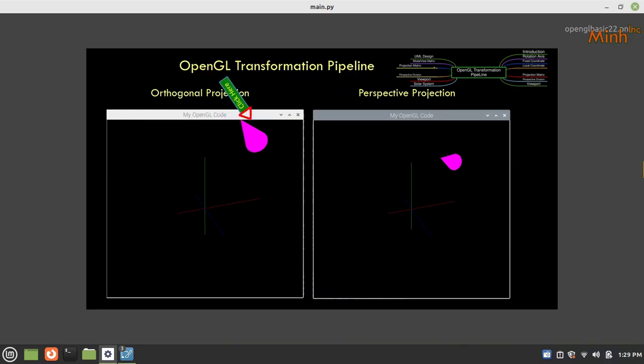Now what is orthogonal? Let's see two items at the same location. Orthogonal would show like this. Perspective would show like this. There is a vast difference because it is far away along the z-axis. If it is far away along the z-axis, the item would appear small.